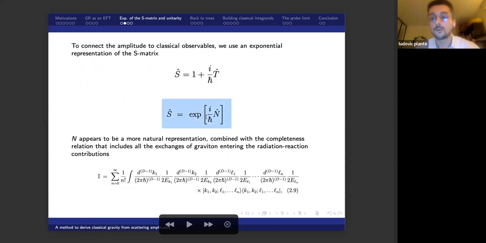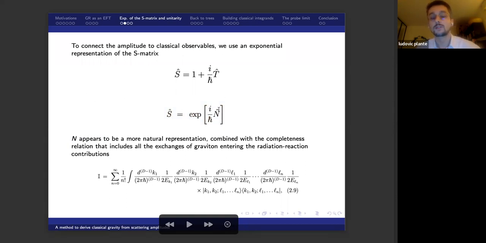But you can also write S as an exponential of another operator that we call N. And as S is unitary, you know that N is Hermitian, so the eigenvalues of N are real. We find that N is a more natural representation to compute classical quantities. And the exponentiation is done at the operator level.